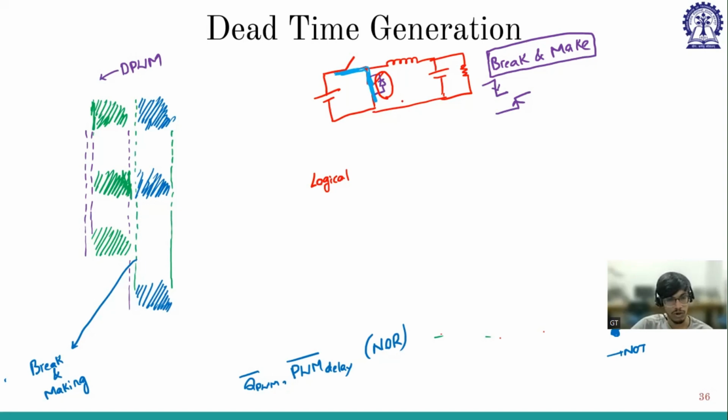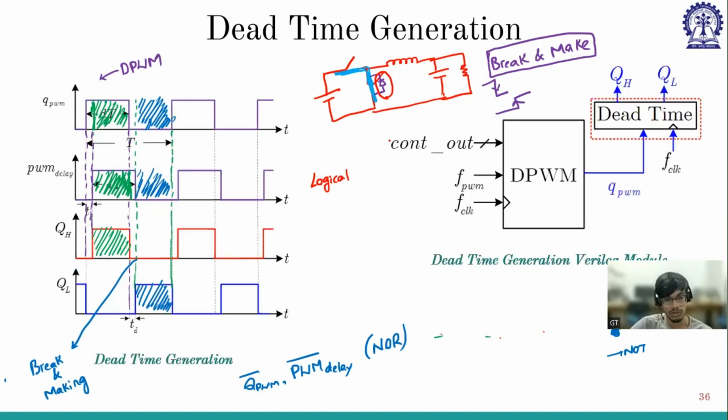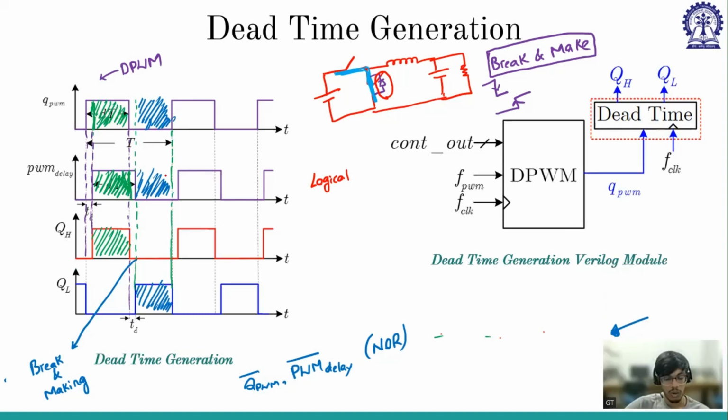But we should not give more dead time, which will be counter-effective to what our aim is. Our aim is to not turn on both the switches. So we will provide whatever is sufficient with some extra for safety, but not more. But how to design that dead time, that we will not discuss in this course, which is beyond the course syllabus.